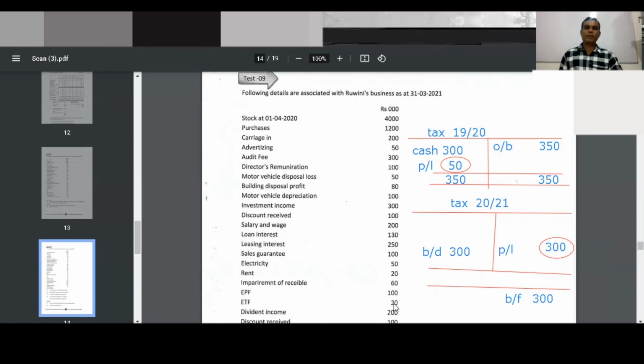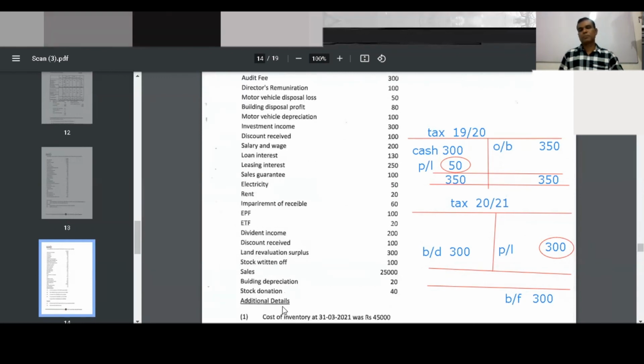EPF, ETF both, administration and profit before tax. Dividend income, discount received, both W2 other income.